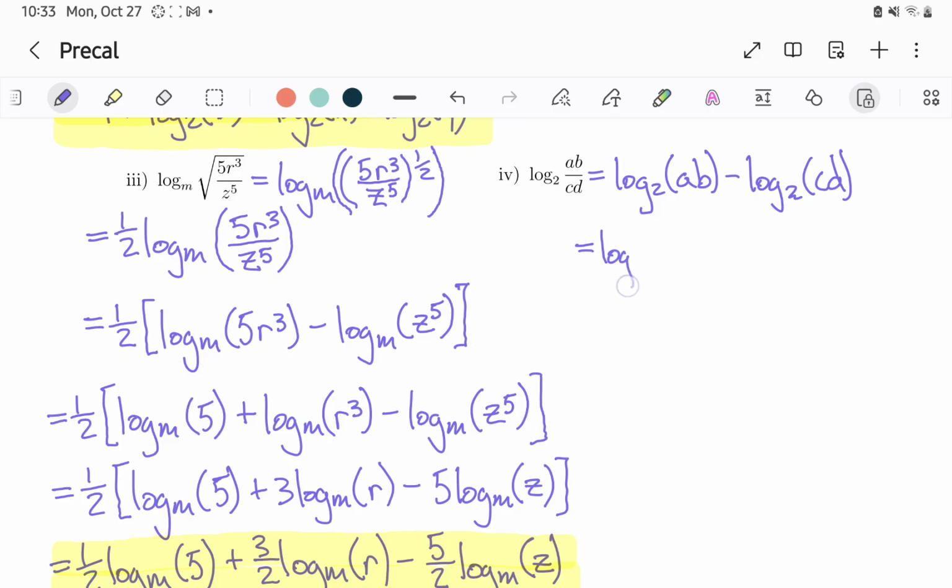So we're going to have log base 2 of a plus log base 2 of b, and then minus, and we'll start parentheses, log base 2 of c plus log base 2 of d.